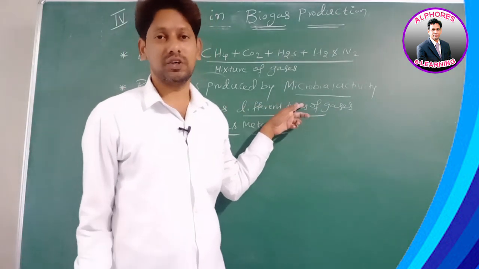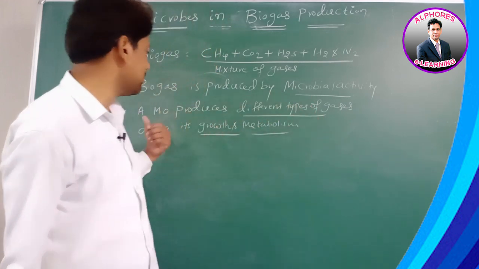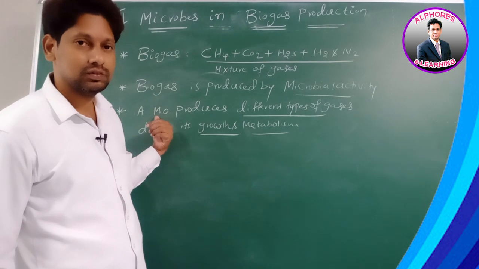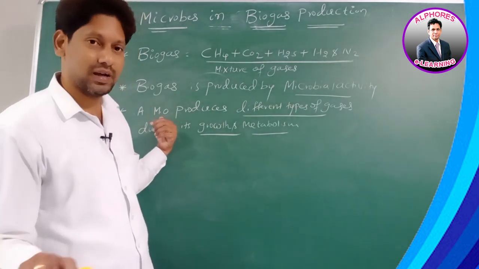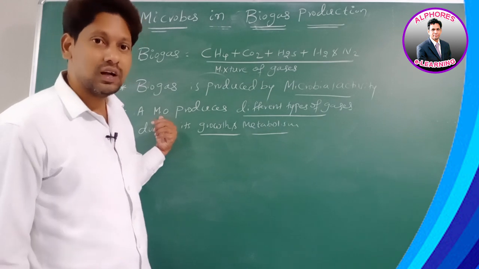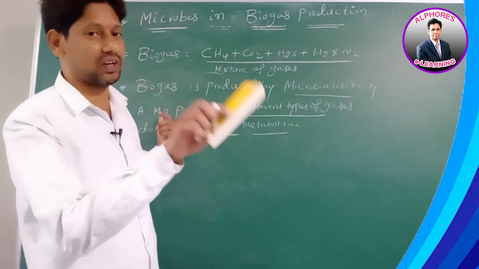Which gas is produced? Different types of gases. The gas produced depends on the microorganism. Number 2, it depends on the organic substrate the microorganism is utilizing.